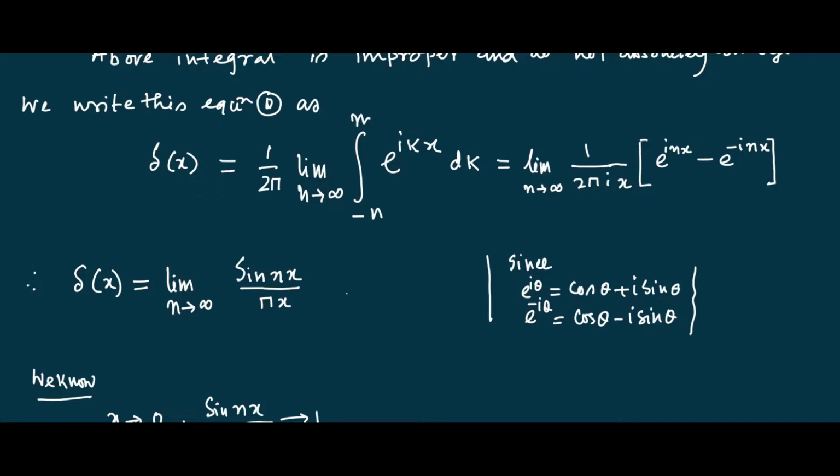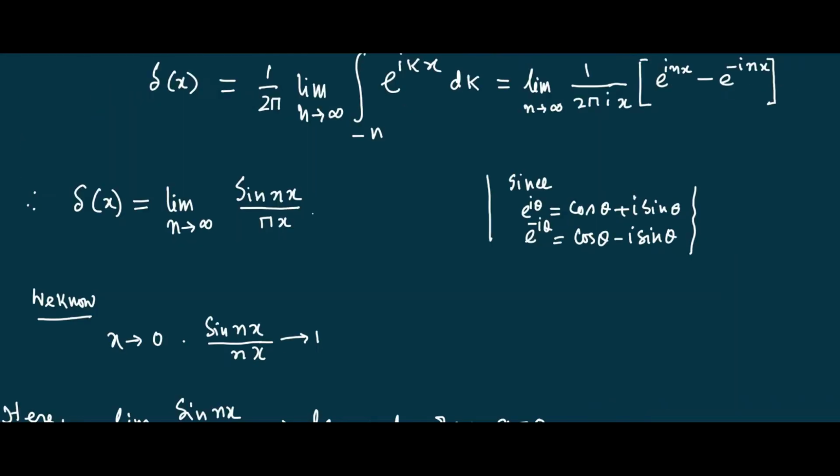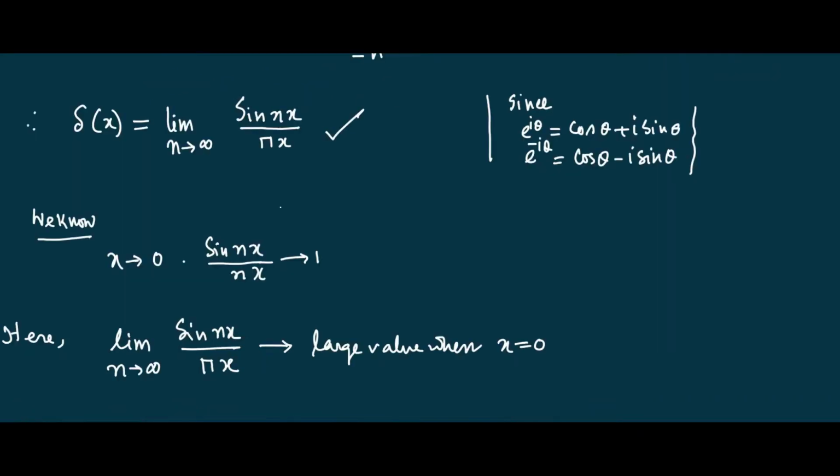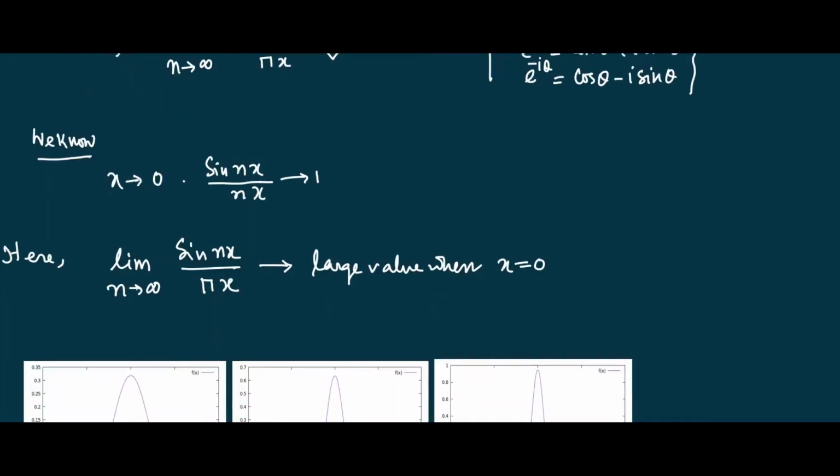This is what the function represents: sin nx by pi x. We know that as x tends to 0, sin nx by nx is 1, but here, in the limit n tends to infinity, sin nx by pi x assumes a large value whenever x goes to 0.